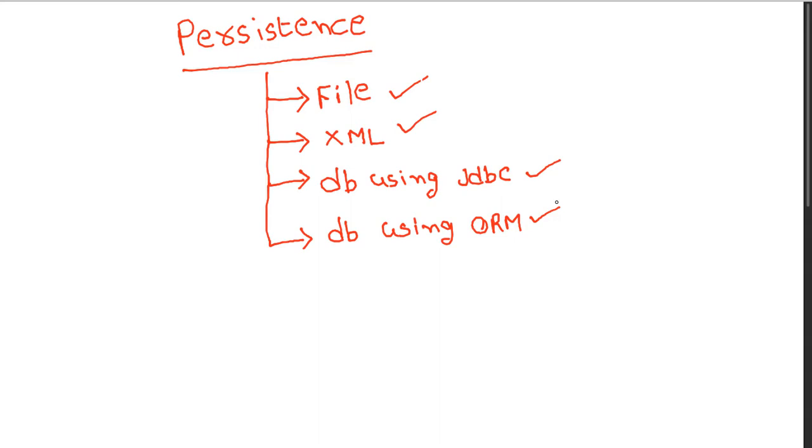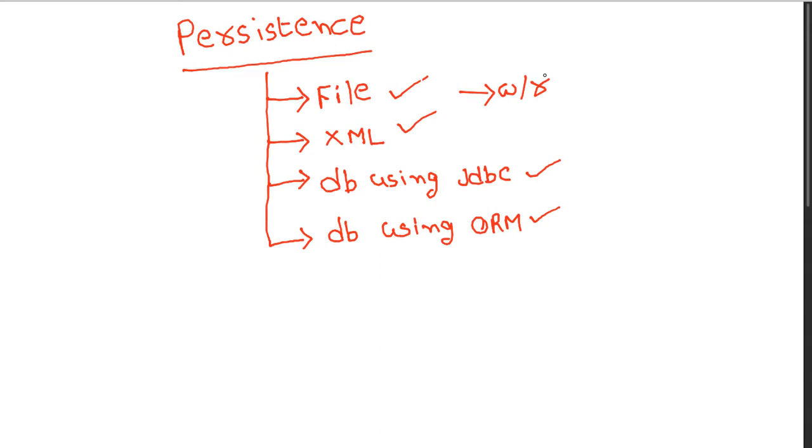Now, the disadvantages of the file system. If I save the data in files, what are the disadvantages? The writing and reading operations are very complex, because to write or read the data from a file, you need to use java.io packages and io classes.